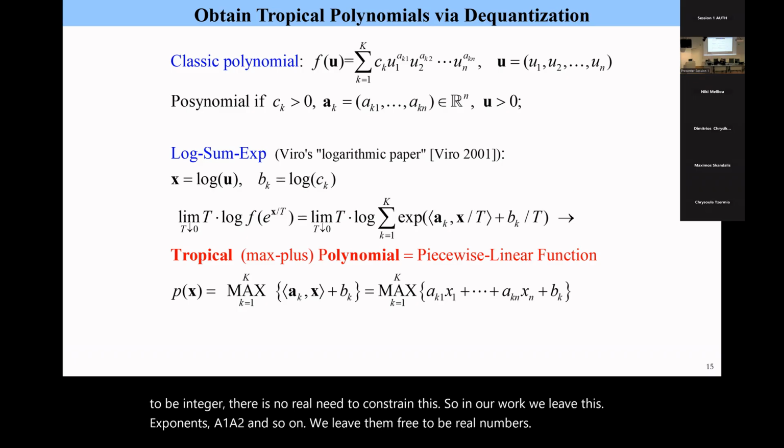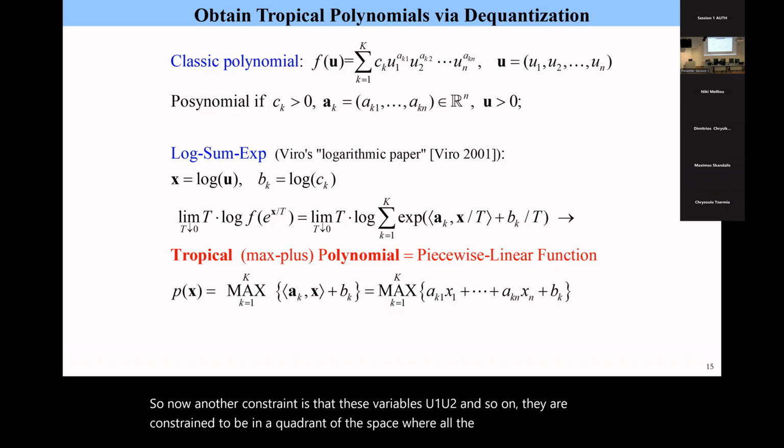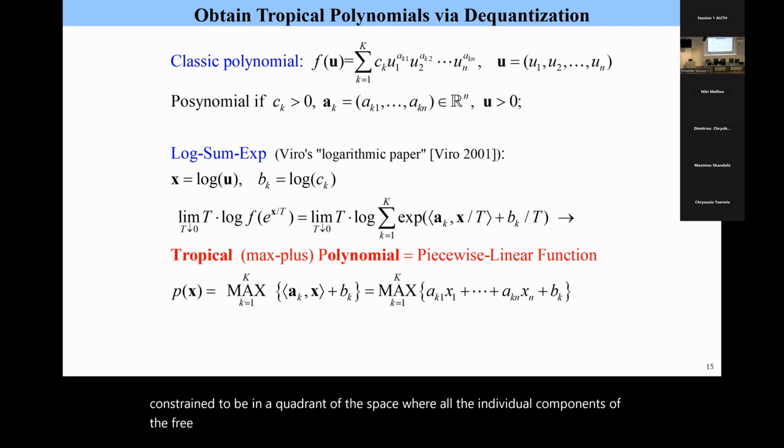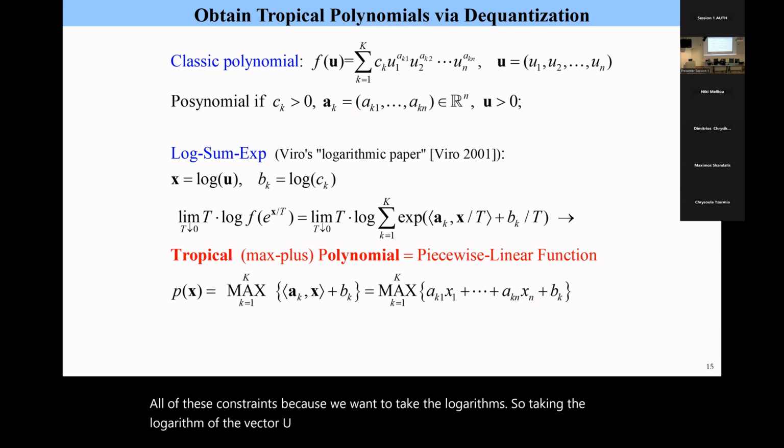So now, another constraint is that these variables u1, u2, and so on, are constrained to be in a quadrant of the space where all the individual components of the free variables are positive. All of these constraints because we want to take the logarithms. So taking the logarithm of the vector u gives us the vector x. Taking the logarithm of the multiplicative constant ck gives us the bias constants bk.